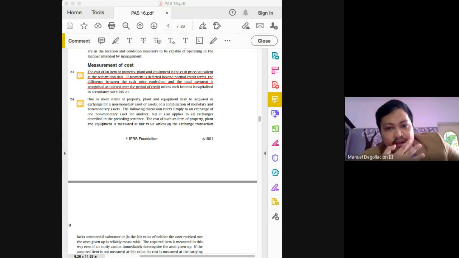And because we will be derecognizing, removing from our records, the asset that we are exchanging for it, the exchange may result in gain or loss.